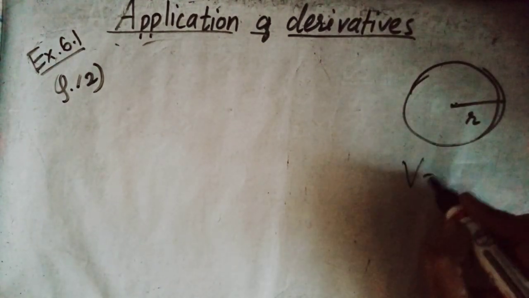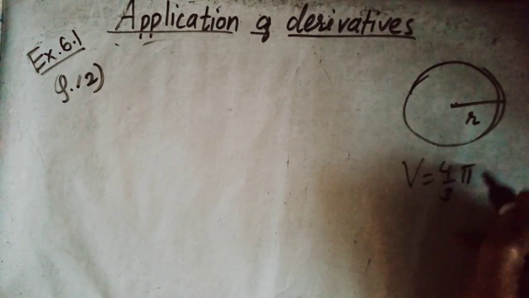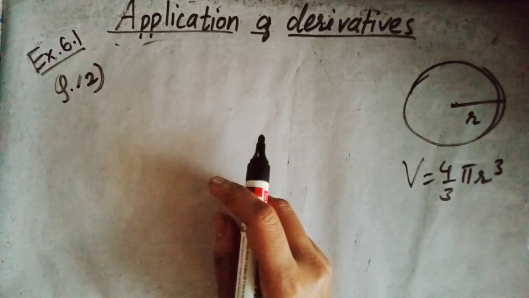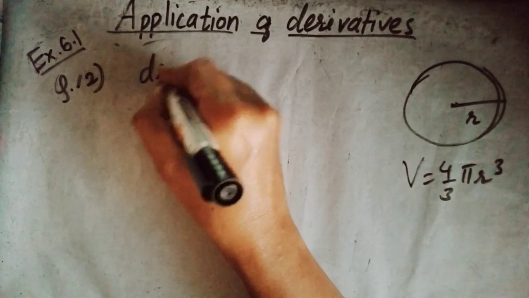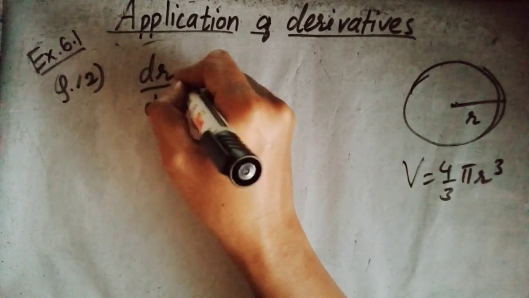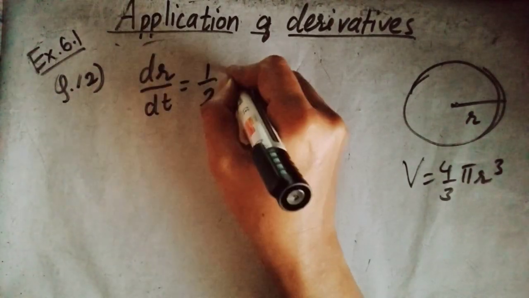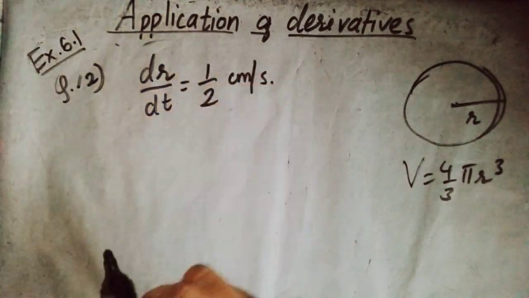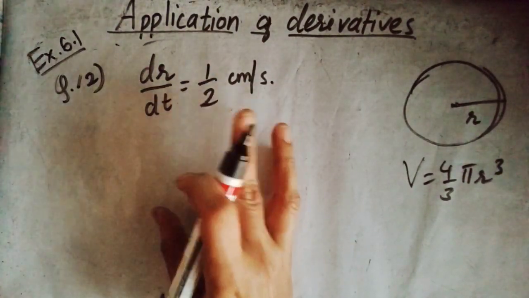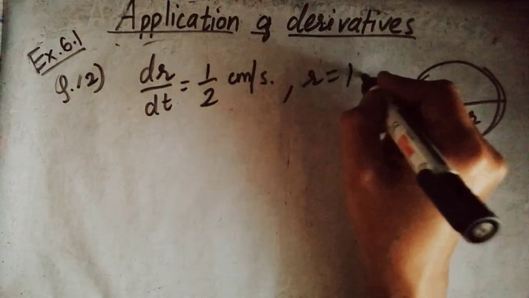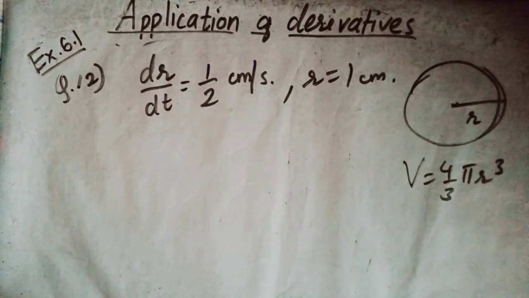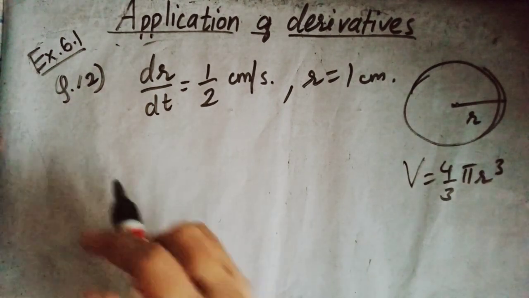So its volume is 4/3 pi r cube. Now it is given that the radius is increasing at the rate of half centimeter per second. At what rate is the volume increasing when the radius is 1? Radius is given 1. You have to find the rate at which the volume is changing.